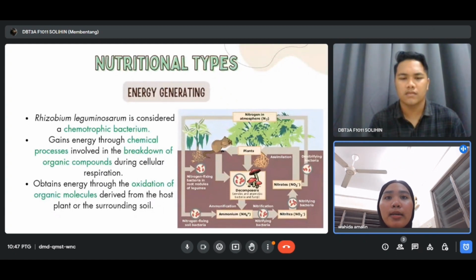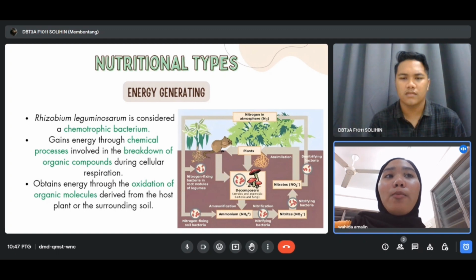So this bacterium also gets nutrients from the host plant in the root nodules. As we can see in these pictures, this bacterium lives in the root nodules and gets nutrients from the plant, and also from the soil, from other organisms.